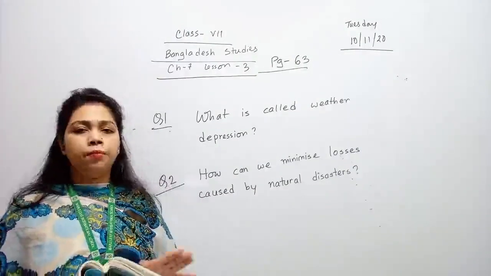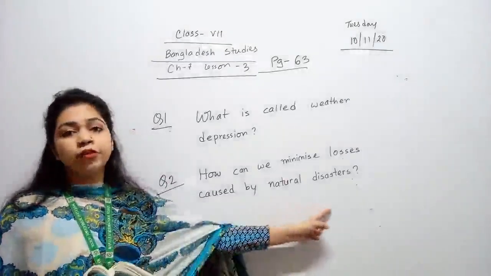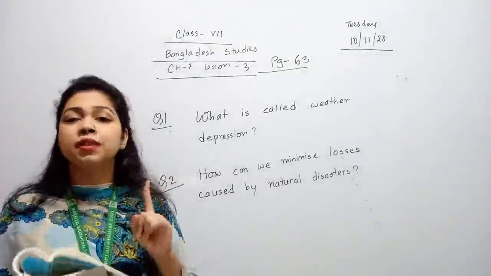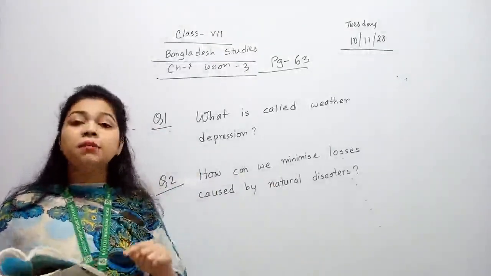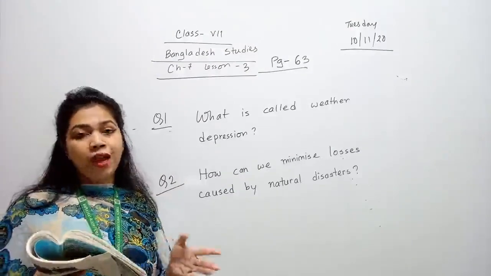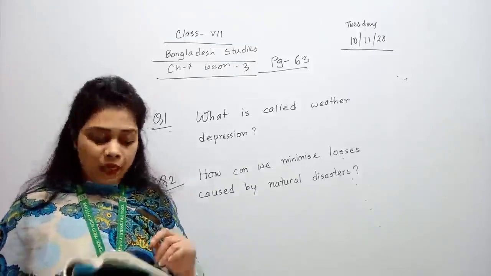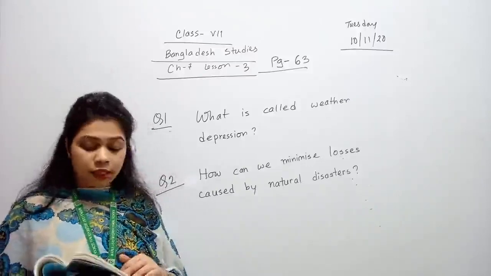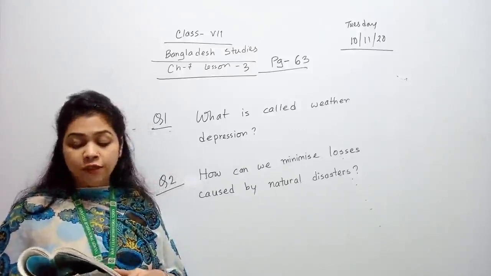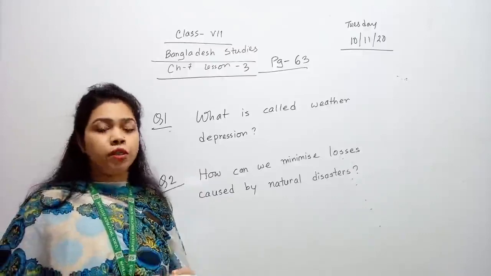This is called depression. How can we minimize losses caused by natural disasters? Third last line of page number 66. We can minimize losses if we follow the meteorological office forecasts and take necessary precautions.